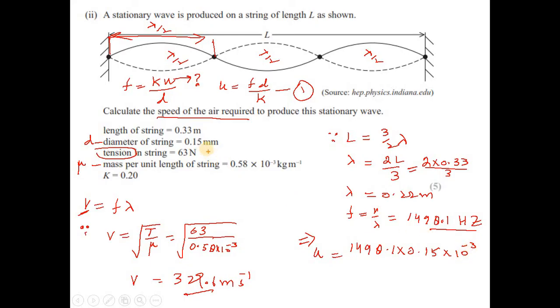Don't forget, this is milli. Divided by k, which is 0.2. So u is 1.12 meter second inverse. This is the speed of wind that is causing the wire to vibrate to produce standing waves.